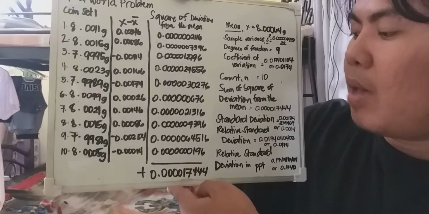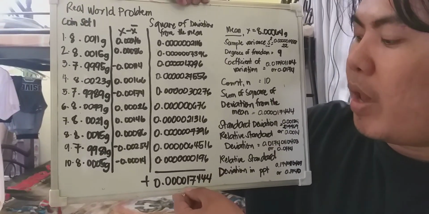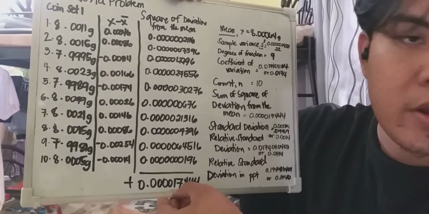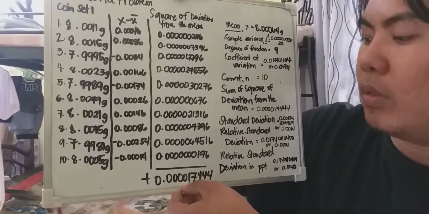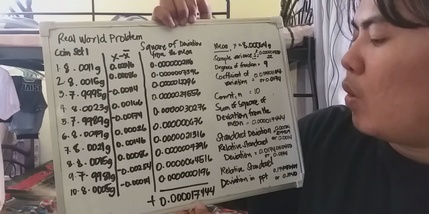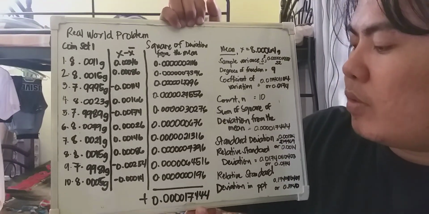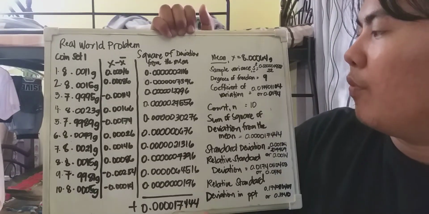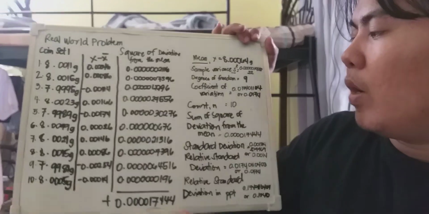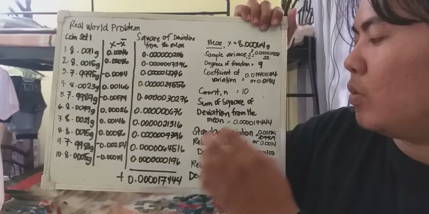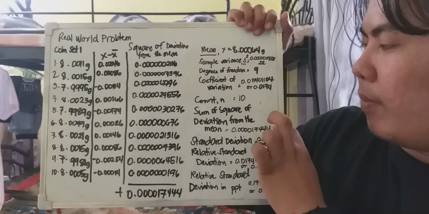Kung tama yung 4 na 0 and 17444 na tatlo sa dulo, you're right because that is the total of the square of deviation from the mean. So, 0.0000, 4 na 0, and then 17444. That is our sum of square of deviation from the mean. So, isusulat niyo dito, yan.